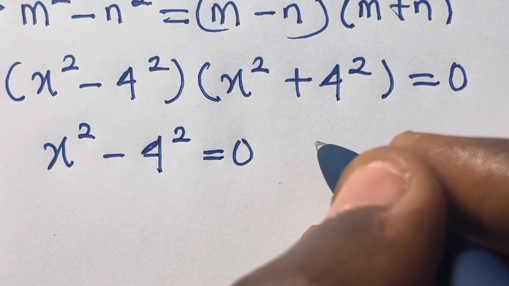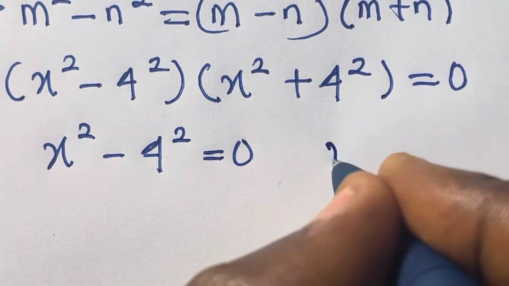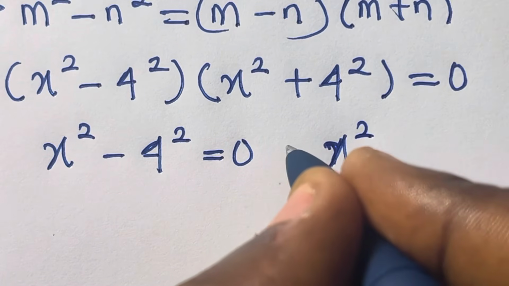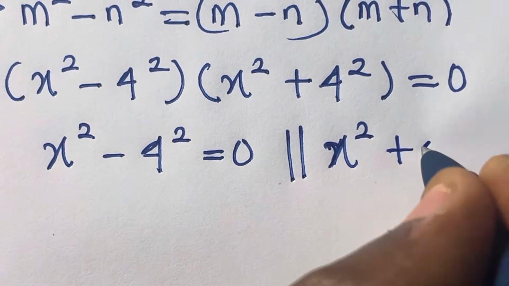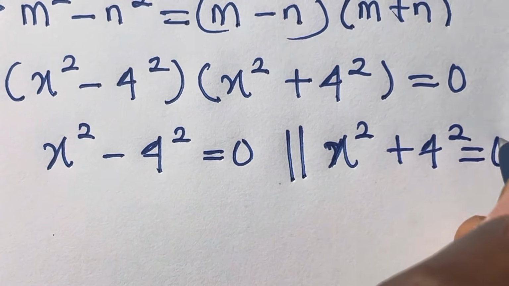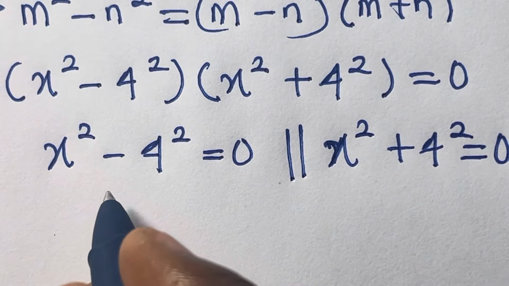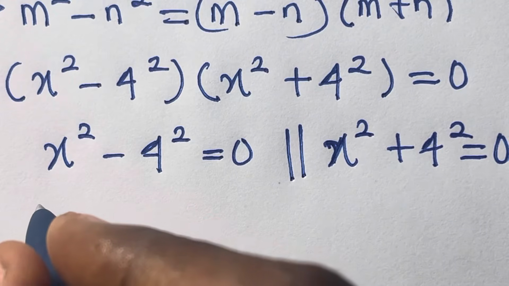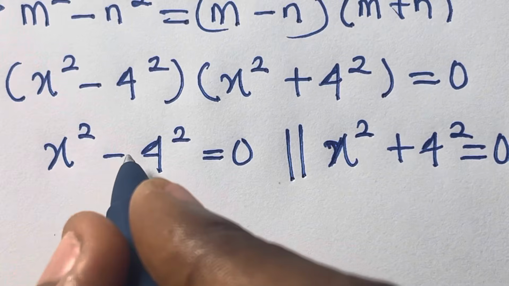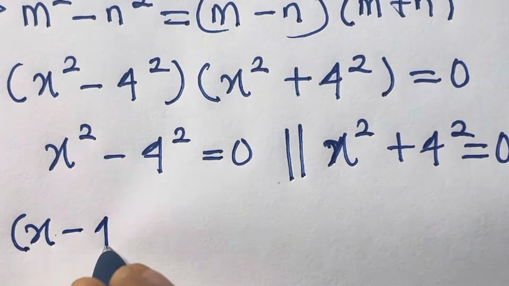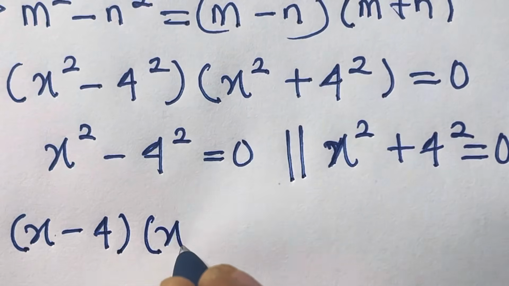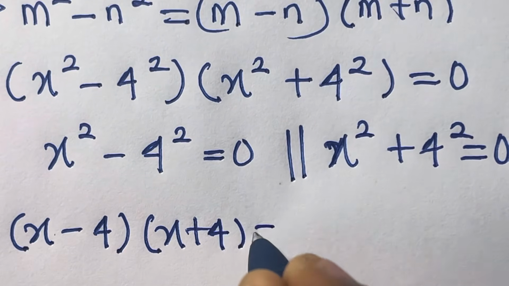And another we will have is x squared plus 4 squared equals 0. From here, we have another difference of 2 squares. We are going to have x minus 4, then x plus 4 equals 0.